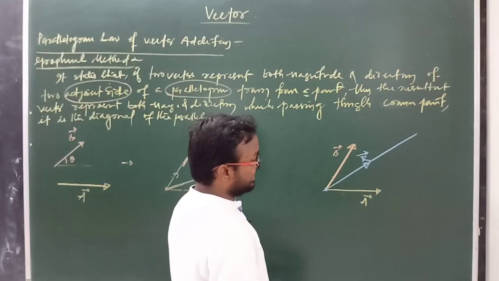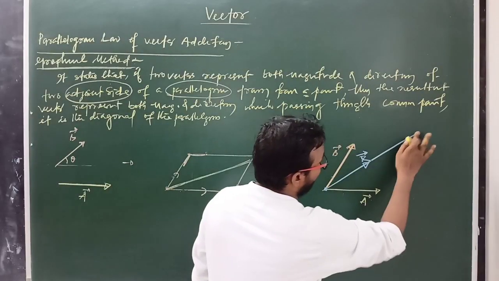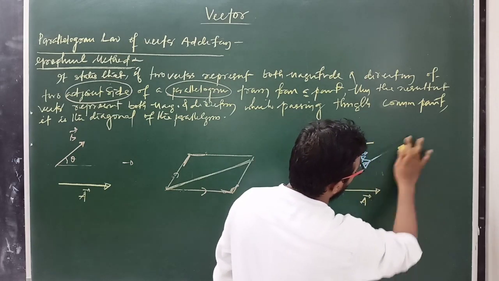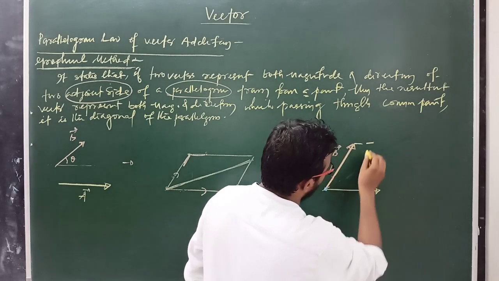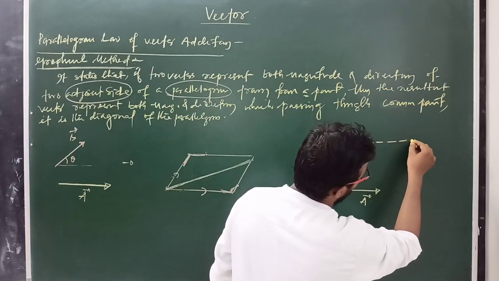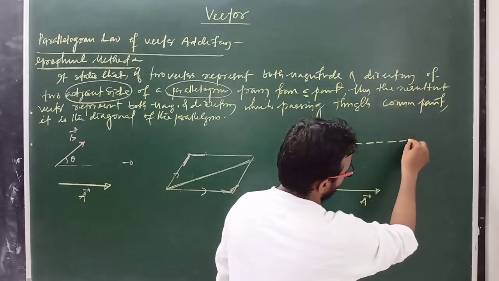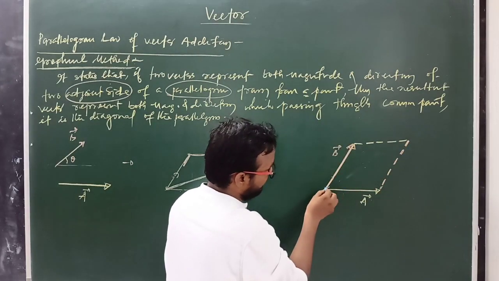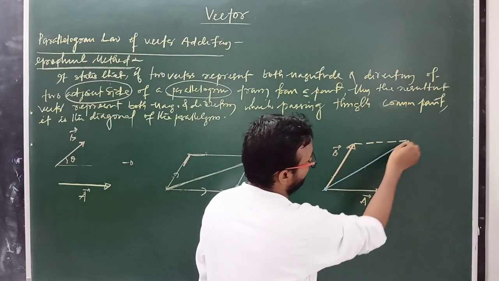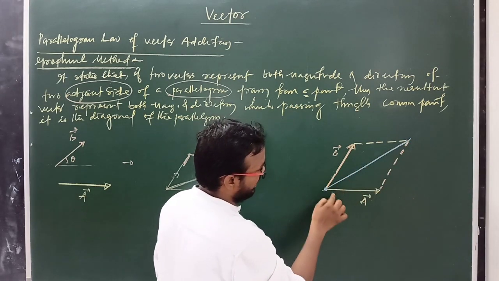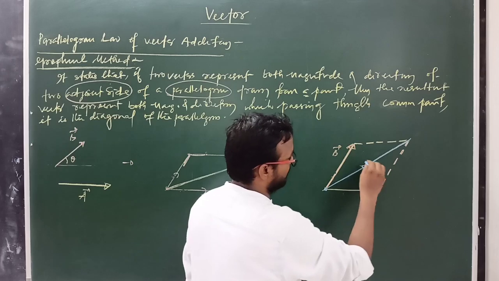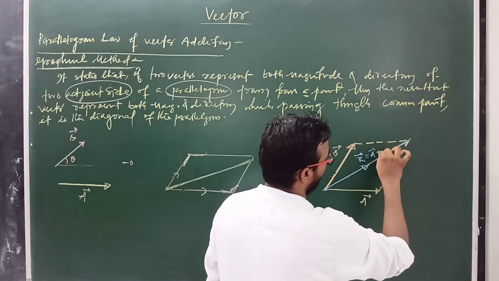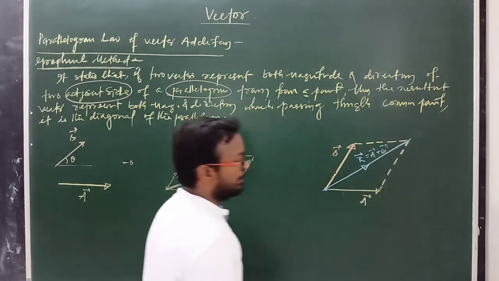So first in this case we have to complete a parallelogram. This is A vector, and now draw here. Suppose first complete a parallelogram here. This is the parallelogram, and this is the diagonal of the parallelogram which passes through the common point where A and B intersect, and this is known as the resultant R vector, which is equal to A vector plus B vector.